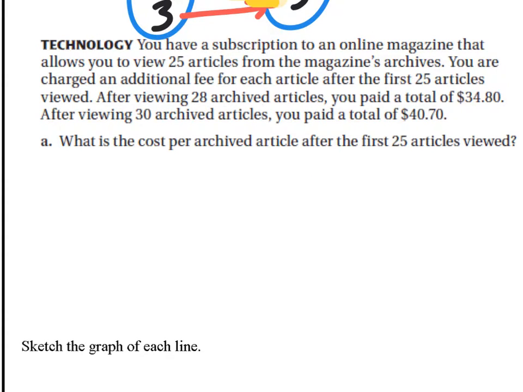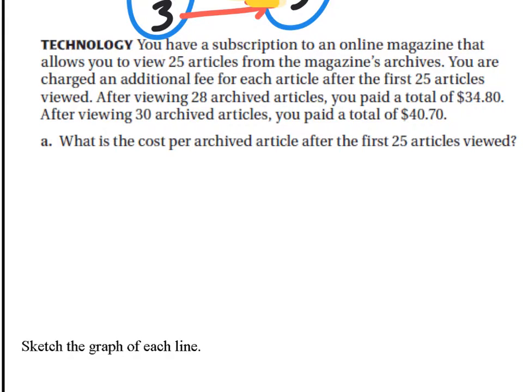Next one is a word problem that is created by making 2 points, finding the slope between them, and then writing an equation to help us solve. You have a subscription to an online magazine that allows you to view 25 articles from the magazine's archives. You are charged an additional fee for each article after the first 25 articles viewed.